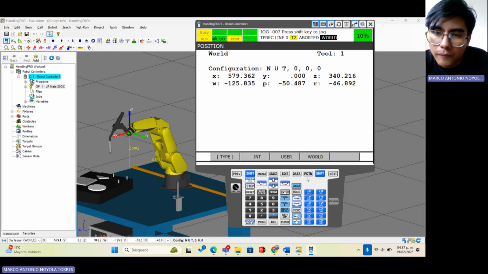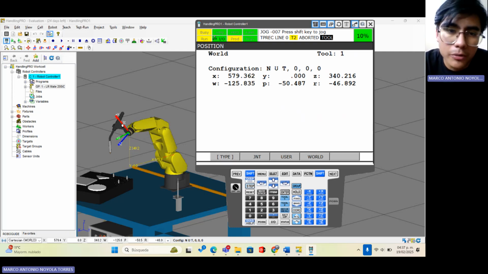Finally, we can move the robot in the tool system. Select the coord key, and this is the tool system. In the tool system, the robot moves in the x, y, and z axes, but the axes of the selected tool. In this case, this tool.